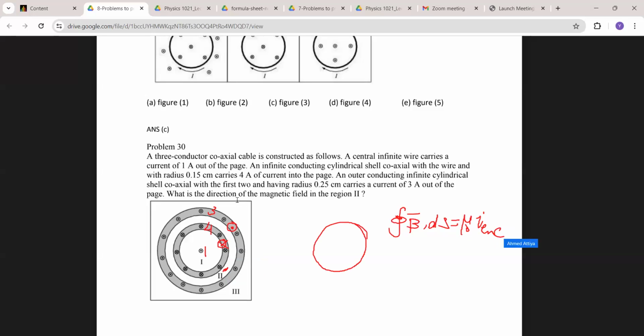Actually, we are not interested in the magnitude, but only the direction. So I have 1 ampere outside and 4 ampere inside. This means that the magnetic field in this case would be clockwise, because I have the total enclosed current: it would be 4 inside minus 1. So it will be 3 ampere inside.